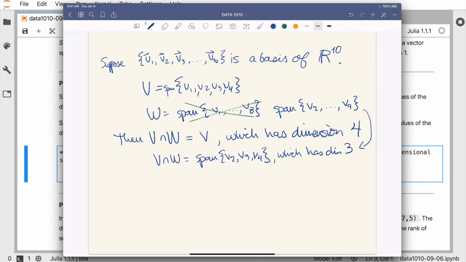And that has dimension 3. And likewise, we can slide over again and go from V3 to V10. And that's going to be dimension 2.